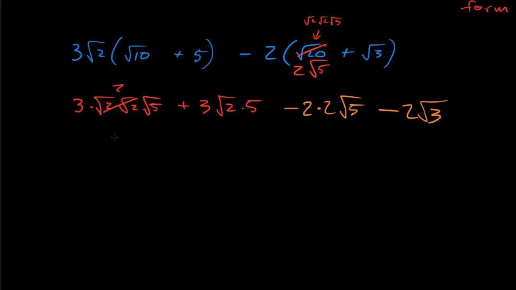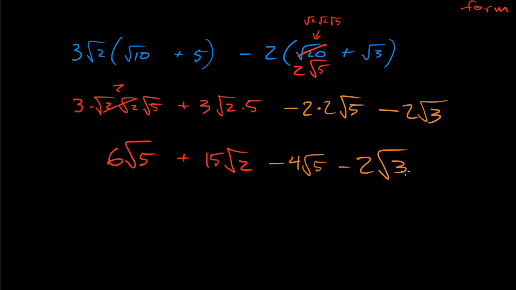So 3 times 2 is 6 times the square root of 5, plus 3 times the square root of 2 times 5. I could think of 3 times 5 first is 15 times the square root of 2. Minus 2 times 2, okay, well that's 4 root 5 minus 2 root 3.